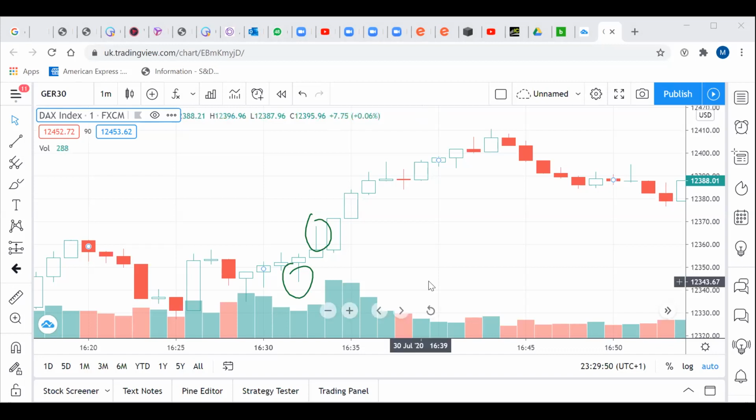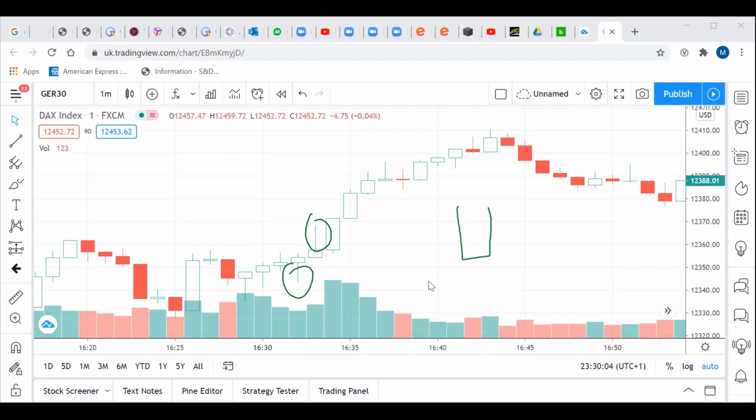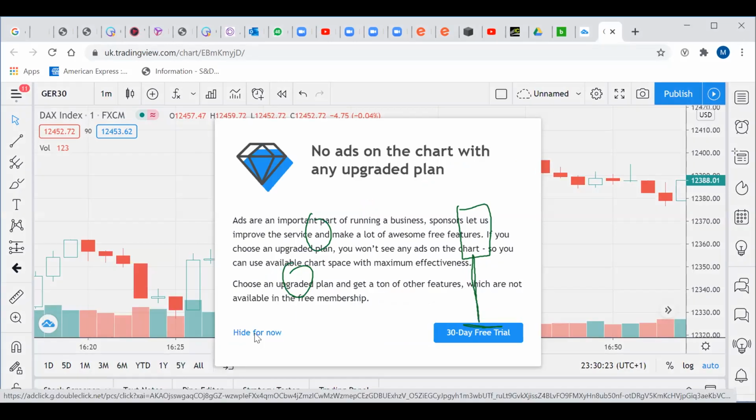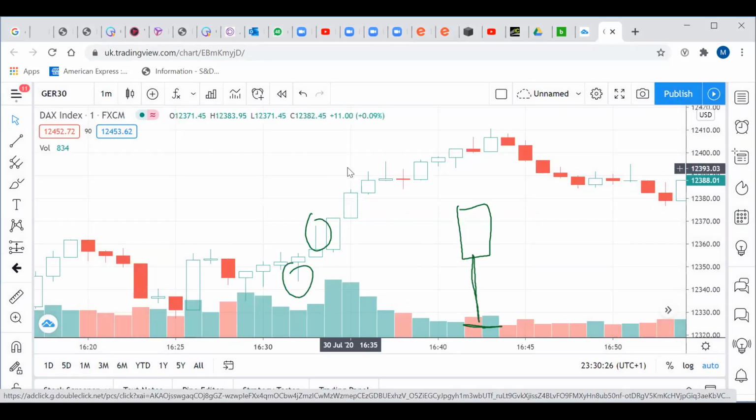So the wicks indicate price reversals. For example, I'll draw it out here: you have a candlestick that has a really long wick at the bottom. That indicates that price tried to stay this low, but struggled to stay that low. Because it struggled to stay that low, instead of falling, it wants to climb.